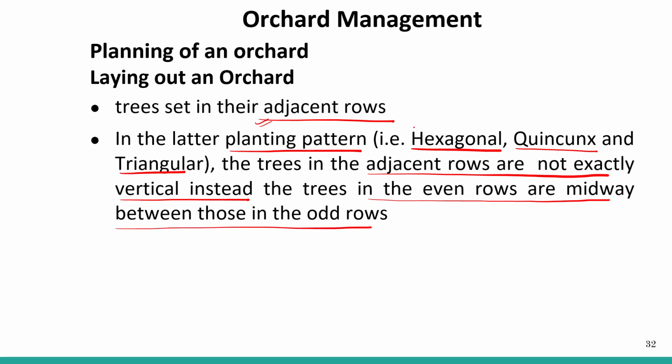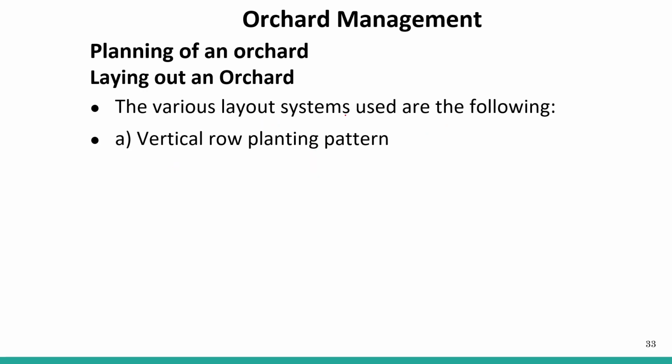Here, because our land is in hexagonal form, diagonal form, or triangular form, our trees are planted according to that. So they are not in a proper row. The various layout systems are used in the following.